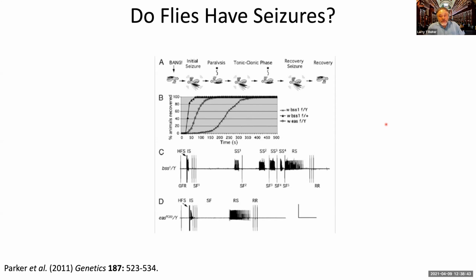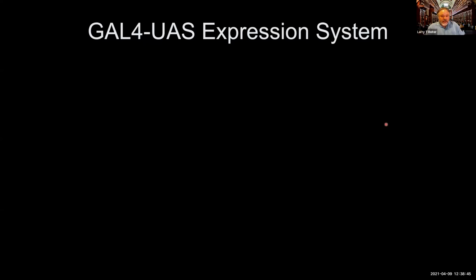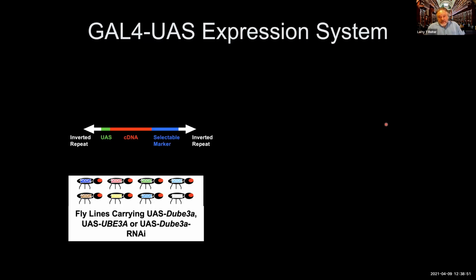So the way that we do this manipulation in Drosophila is we use a system called the Gal4 UAS expression system. And it works like this. I'm going to give it to you in a nutshell, I hope. We can put any cDNA that we wish into flies with an upstream activator sequence that is from yeast, actually.